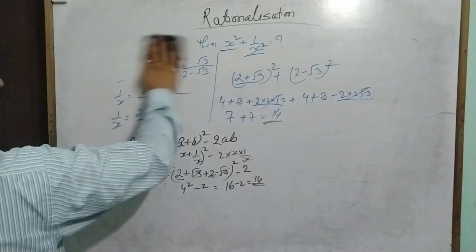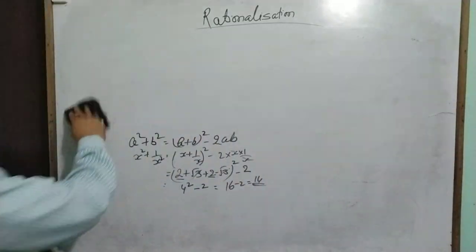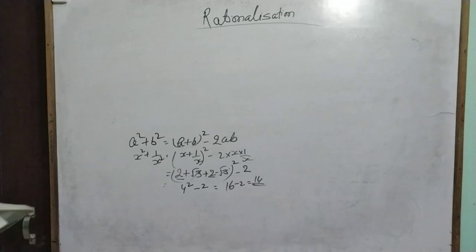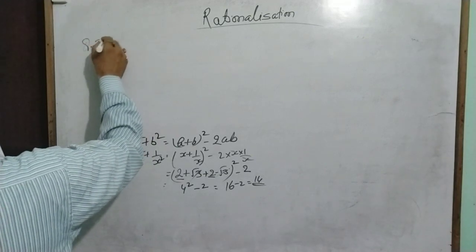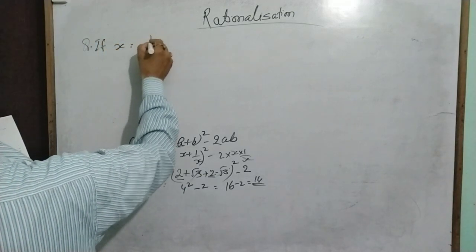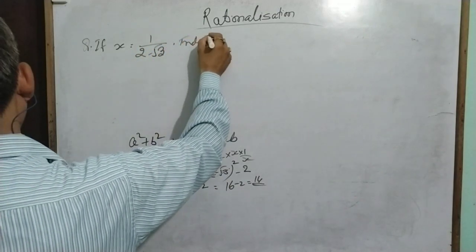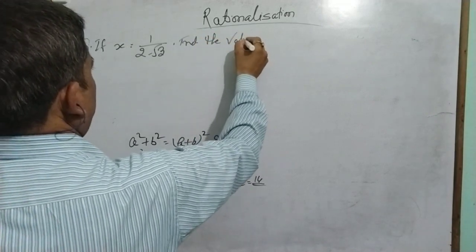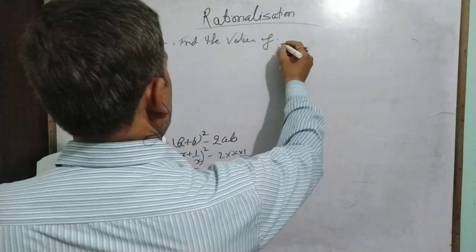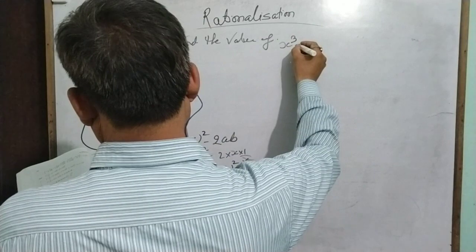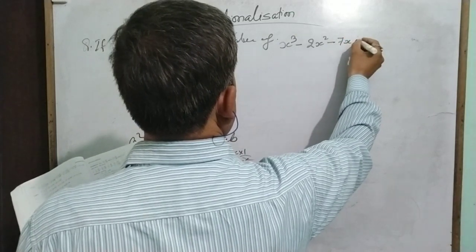So, a different question. The question is: if x is equal to 1 by 2 minus √3, then find the value of x cube minus 2x square minus 7x plus 5.